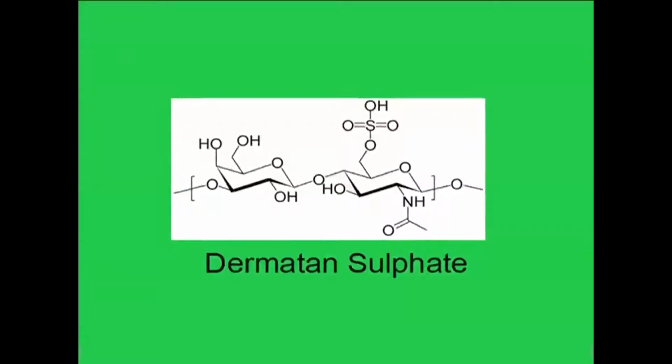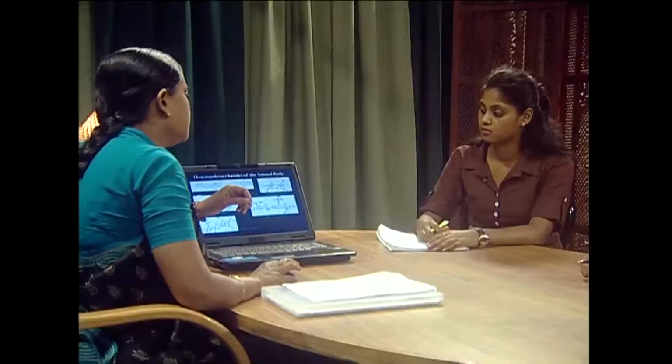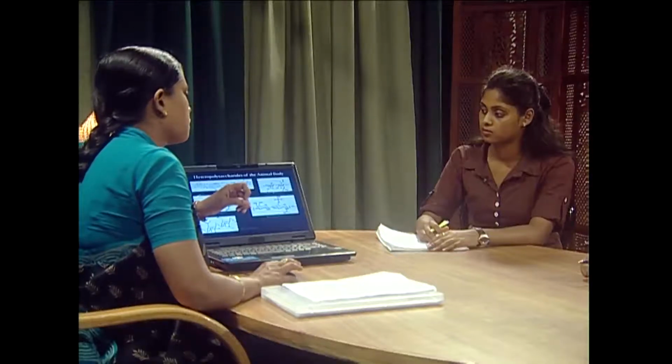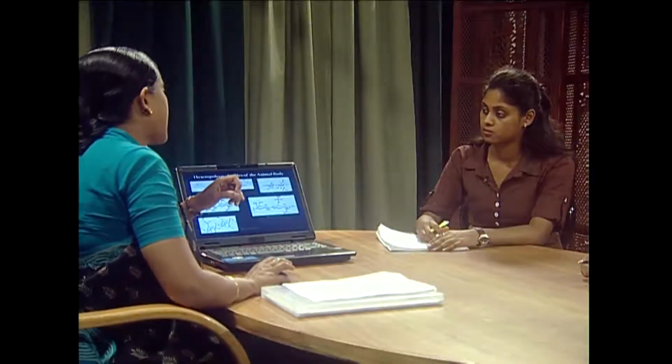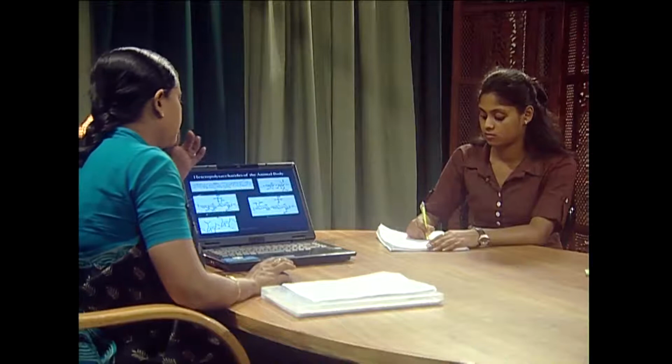Dermatan sulfate is also sulfated after the arrangement of this chain, and the position of the sulfate group is different. Instead of beta D glucuronate as in chondroitin sulfate, dermatan sulfate has L iduronate, in the alpha form instead of the beta form. But the N-acetyl galactosamine is the same in both cases.